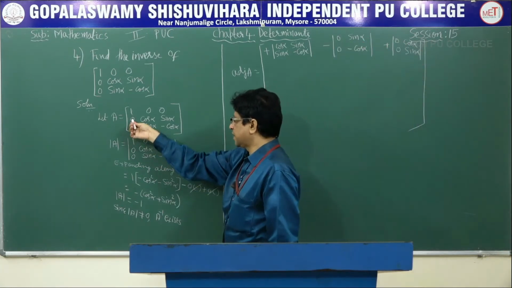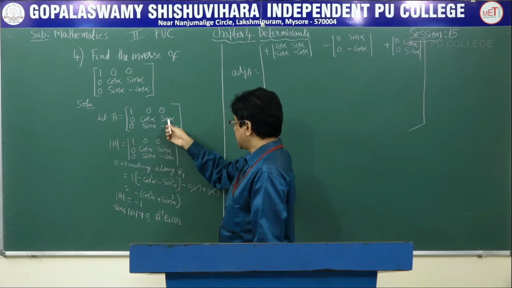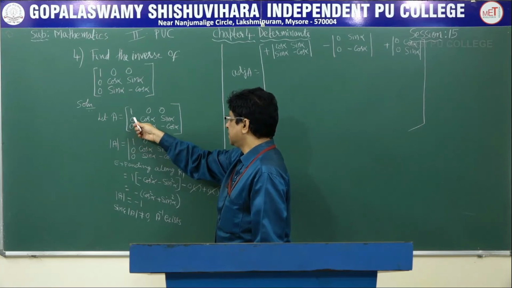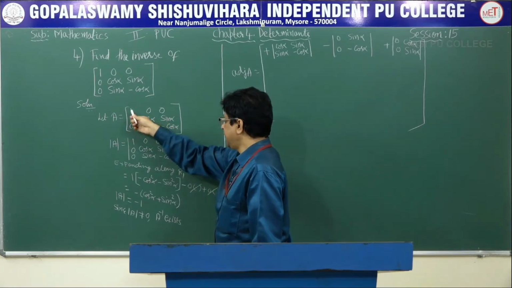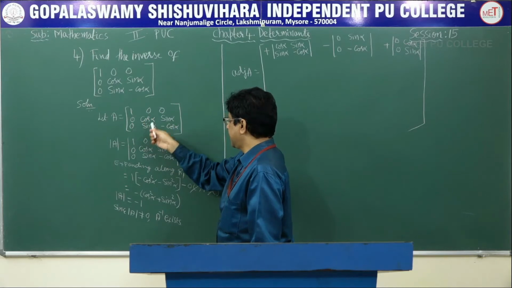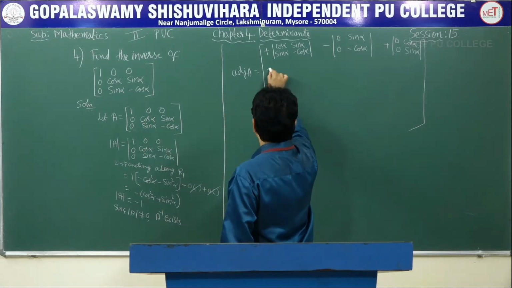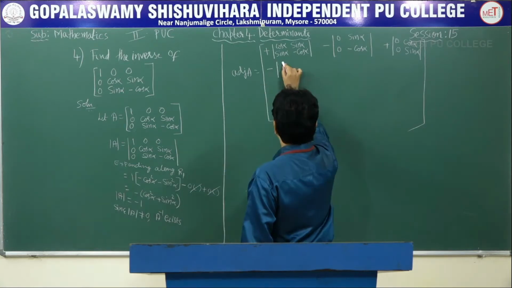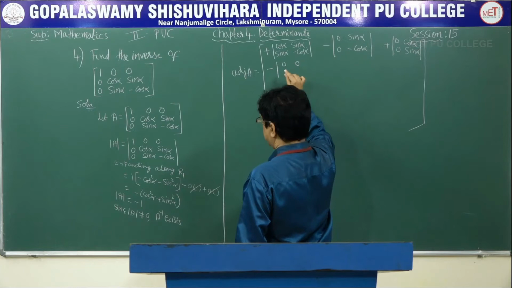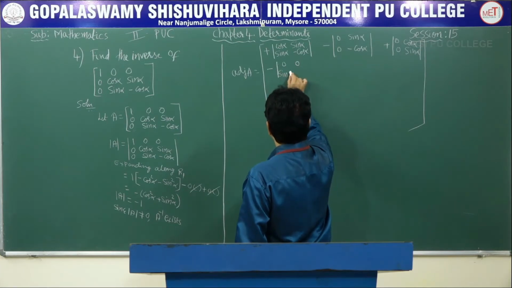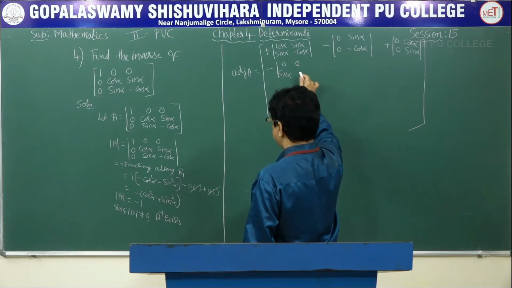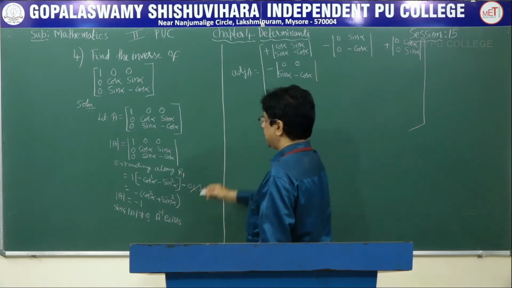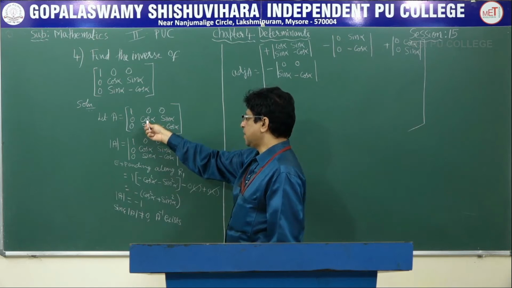Next we shall find the cofactor of 0. 0 lies in the second row and first column. We eliminate the second row and first column and take the determinant of the remaining elements. Minus determinant of 0, 0, sin alpha, minus cos alpha.